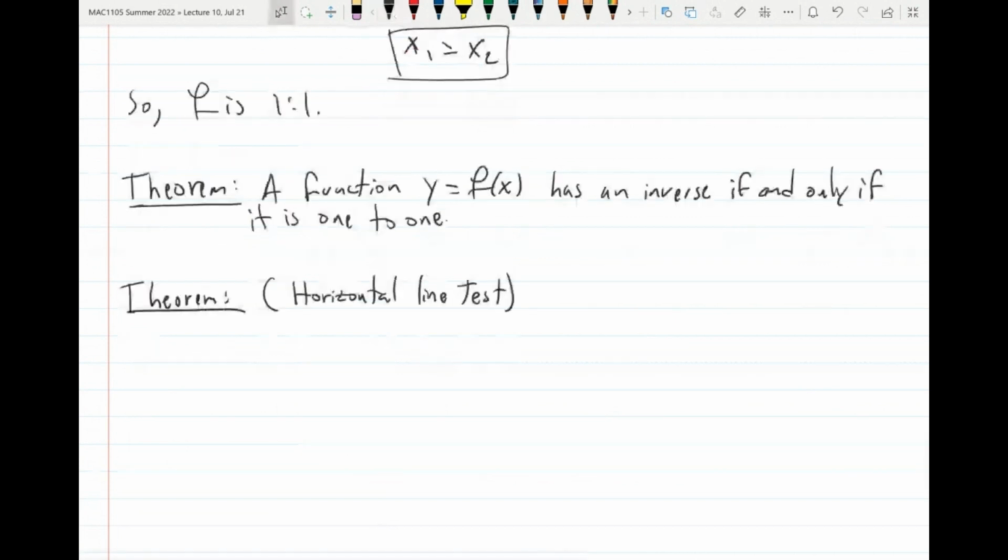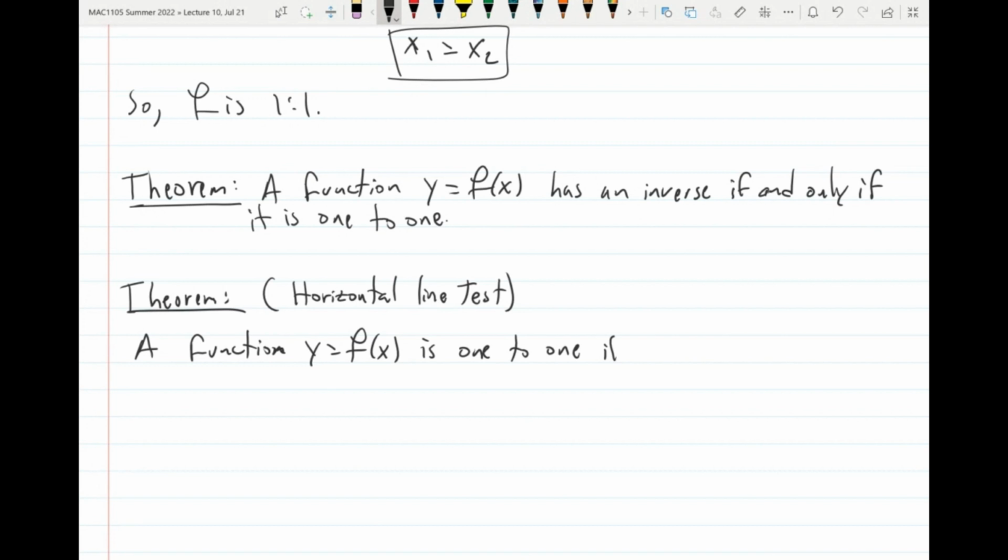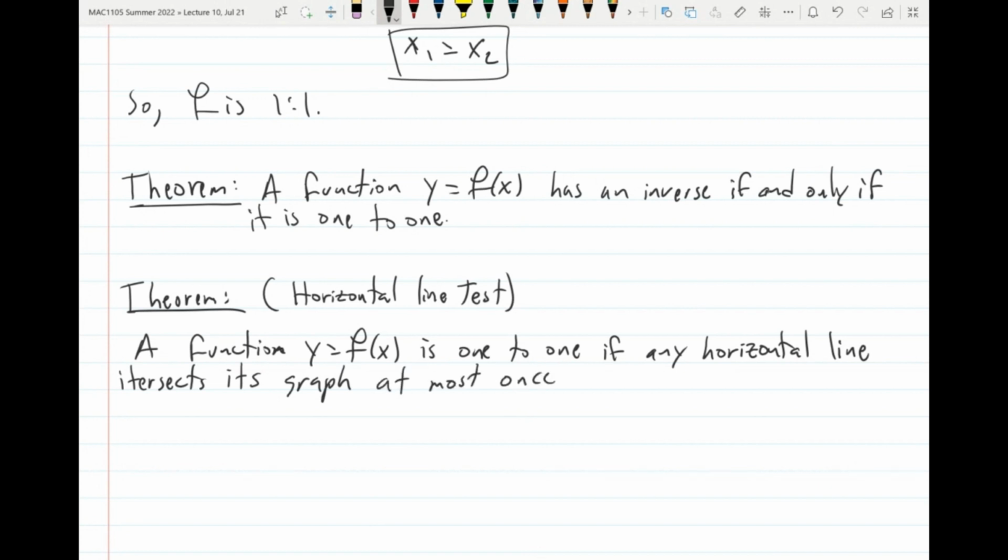So, horizontal line test: a function y equal f of x is 1 to 1 if any horizontal line intersects its graph at most once. So when I say at most, I mean that maybe it doesn't intersect at all, okay? But if it's going to do it, it can only do it once, okay?